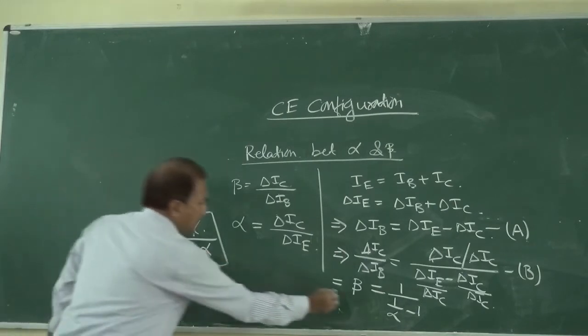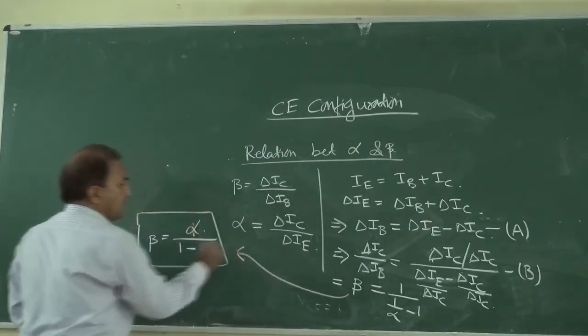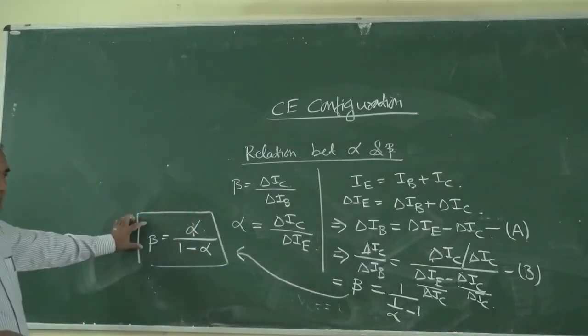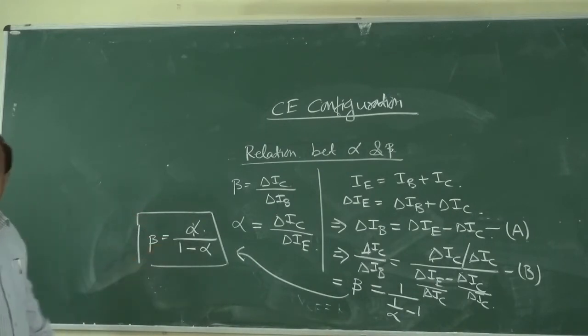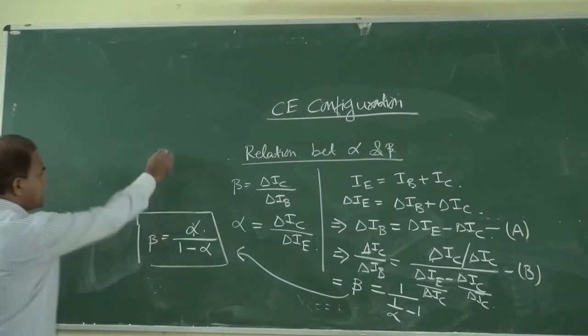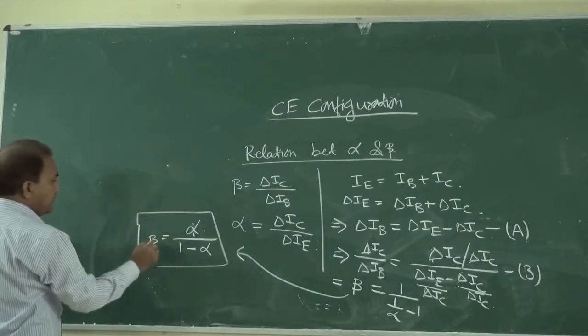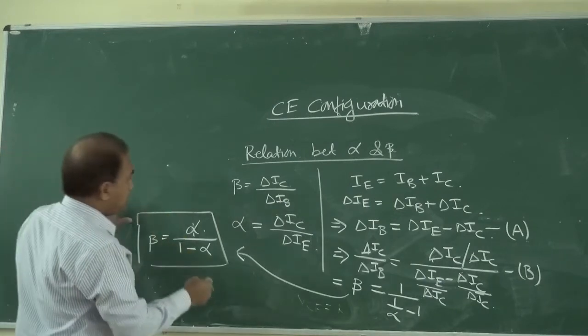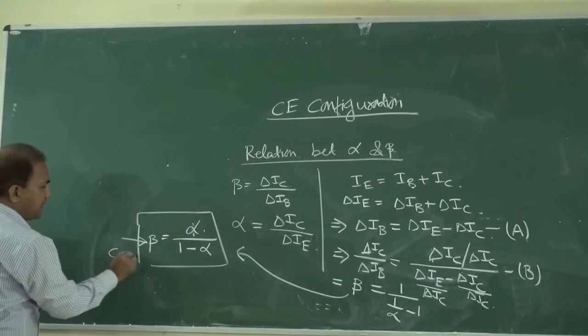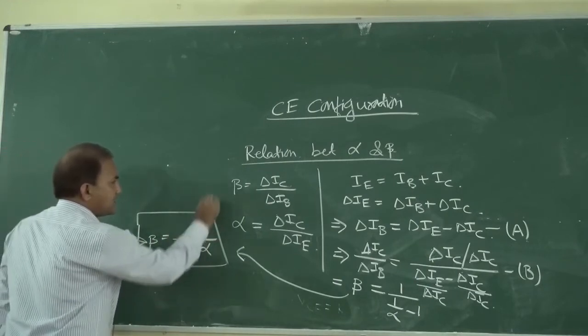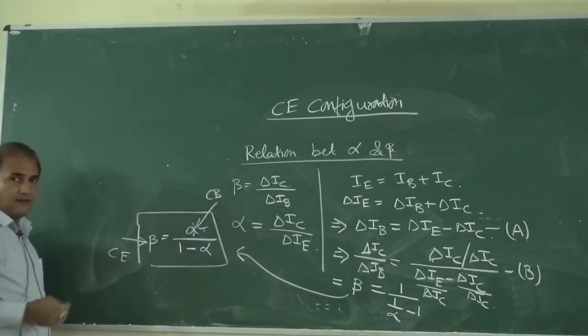From this expression we get beta is equal to alpha divided by 1 minus alpha. So this is the relationship between the current amplification factor in common emitter configuration and in common base configuration.